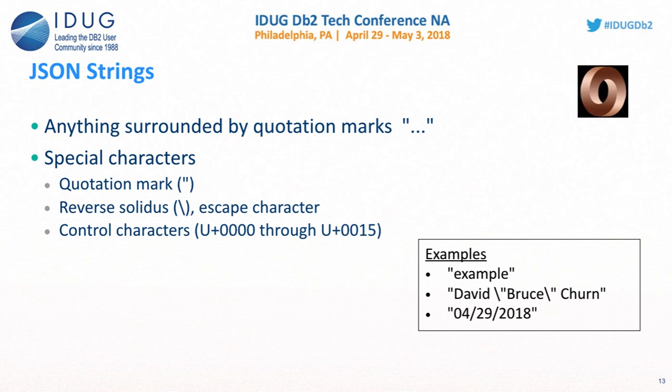And you also can't put the escape character inside the string unless you put an escape character in front of the escape character. Okay? There are also these really low-valued Unicode control characters that also want an escape character in front of them, but you don't see a lot of those in character fields in your database.